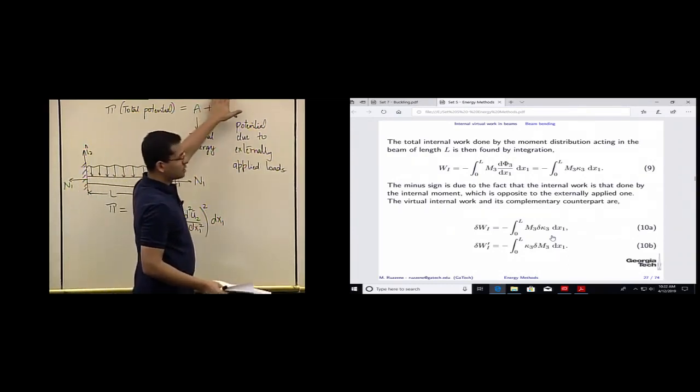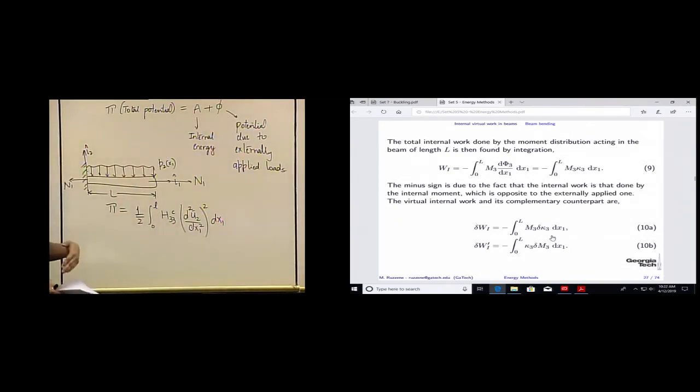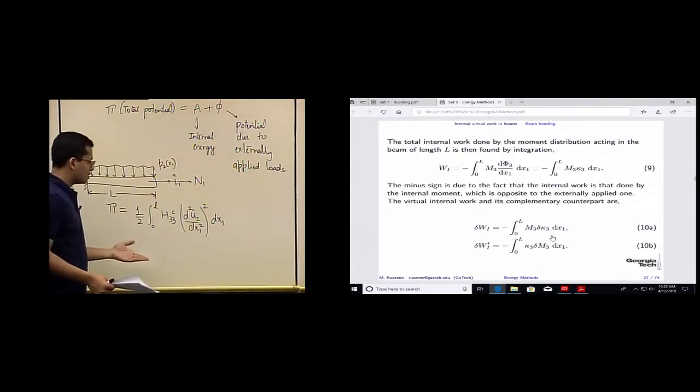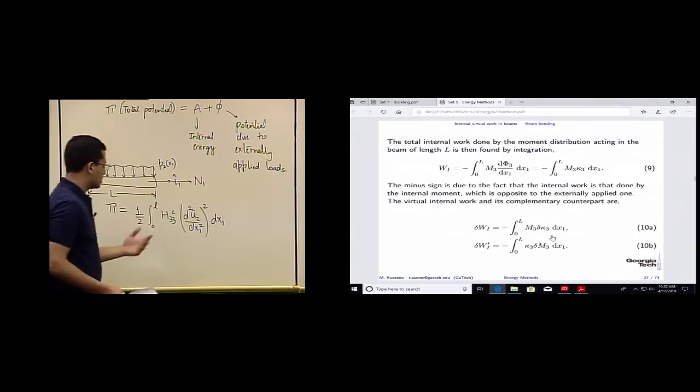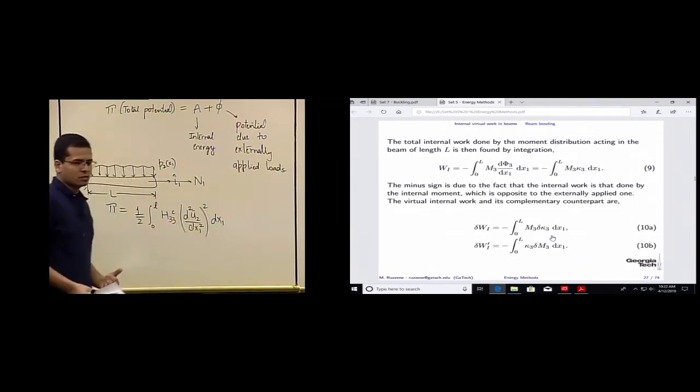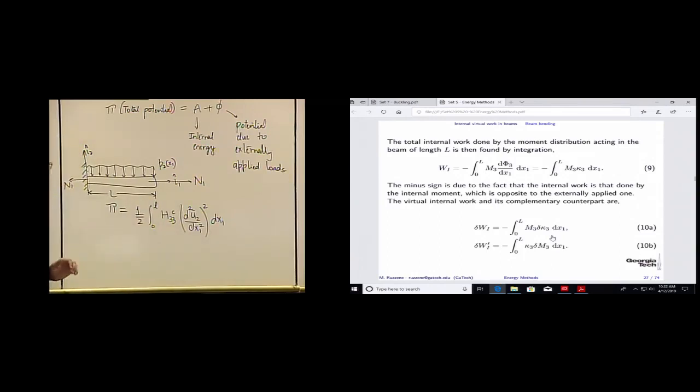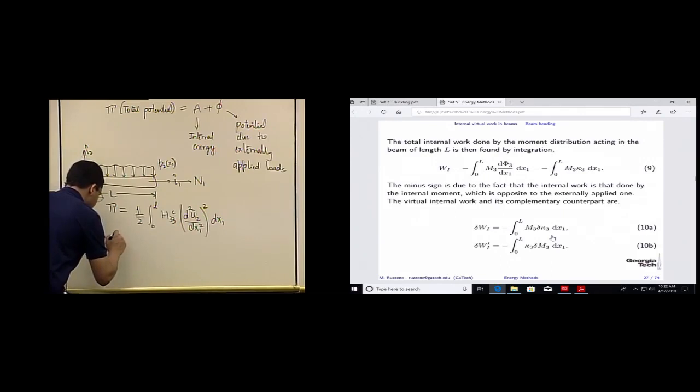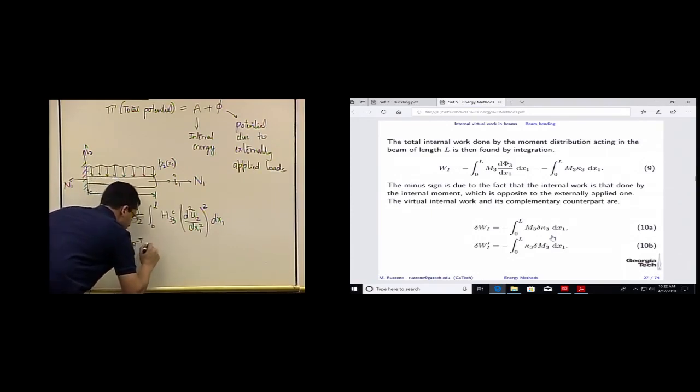So moment expression can be written in terms of curvatures. So that will become H33 kappa 3, and then kappa 3 is replaced with the expression, the strain displacement relation, right? The other way to obtain this expression is through the volumetric energy. So the volumetric energy is sigma times epsilon. It's half integration 0 to L, integration over the volume, sigma transpose times epsilon dV.